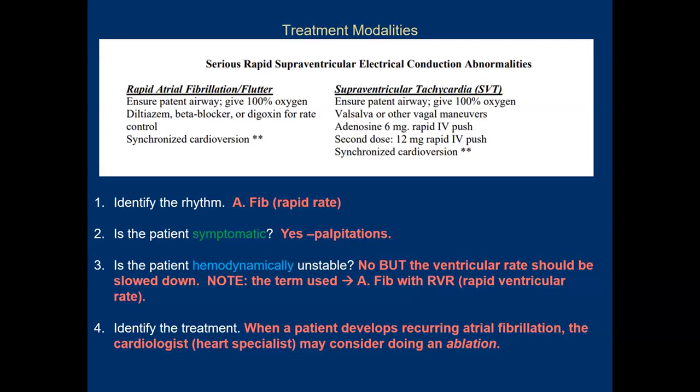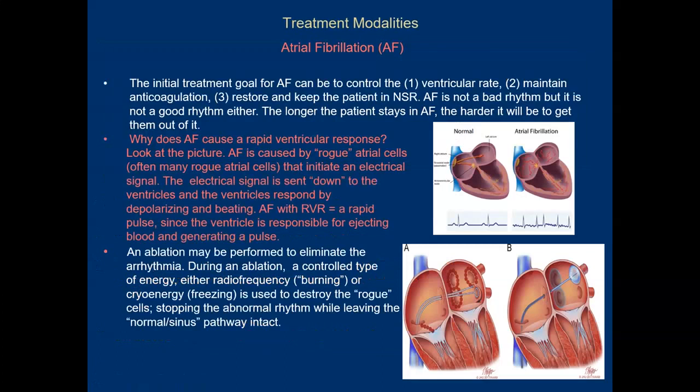And so now the healthcare provider will say, all right, perhaps we're going to give you a medication to slow this down. But if you've had this multiple times, perhaps now it is time to get rid of this rhythm. If the patient has had unsuccessful attempts at getting rid of the rhythm through medications, now it's time to do a little bit more aggressive treatment plan and try and get this out permanently.